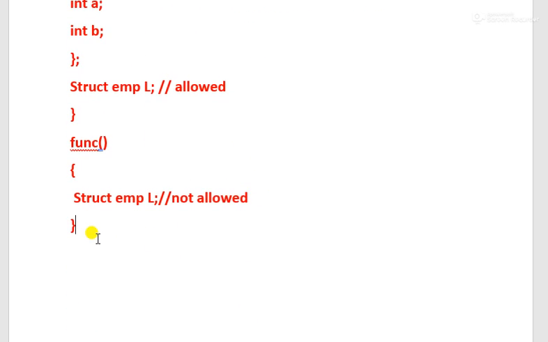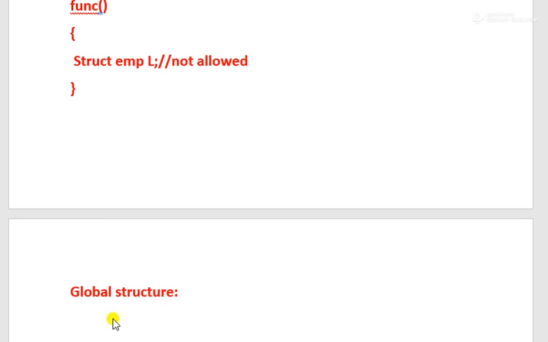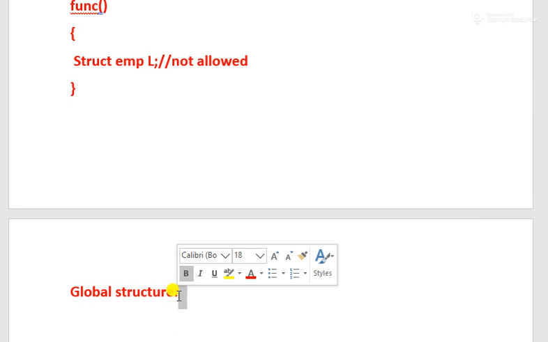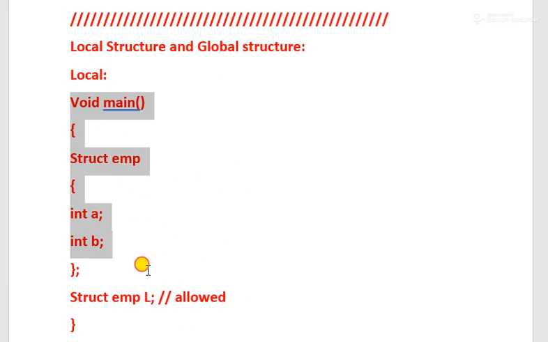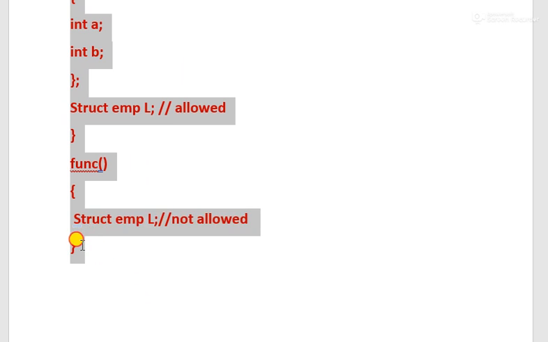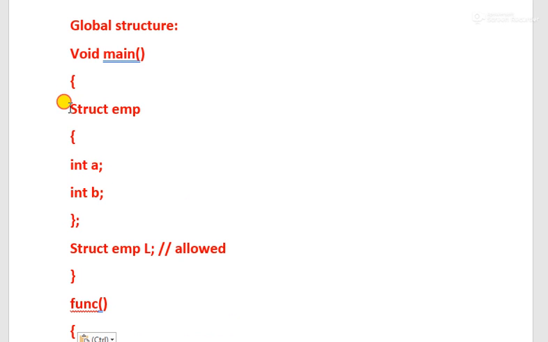This is a local structure. And now the global structure. Same program, I'm just copying it with Control V. But here I'm doing one thing, cut.